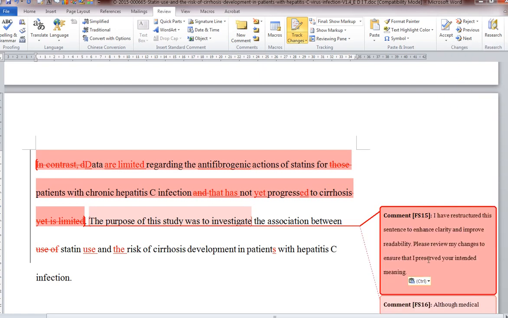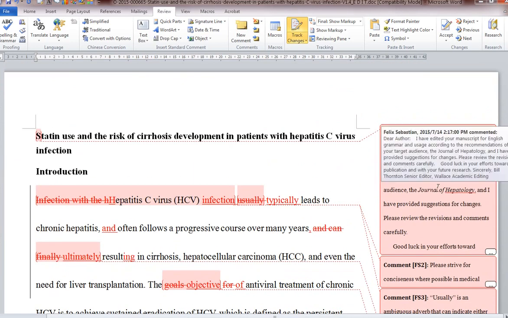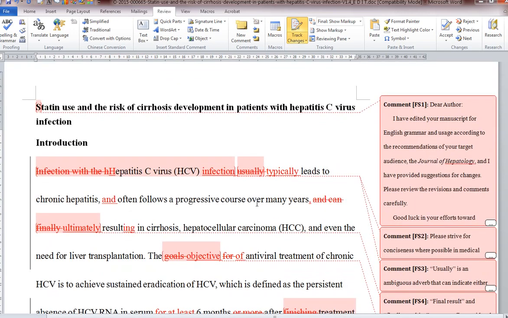Okay, so I've restructured it. As I stated, I moved the verb phrase to enhance clarity and improve readability. Please review my changes and ensure that I preserved your intended meaning. This is critical. I mentioned this, of course, in the greeting, but it's good to mention it again for specific instances. And that is typically how I would edit an introduction.